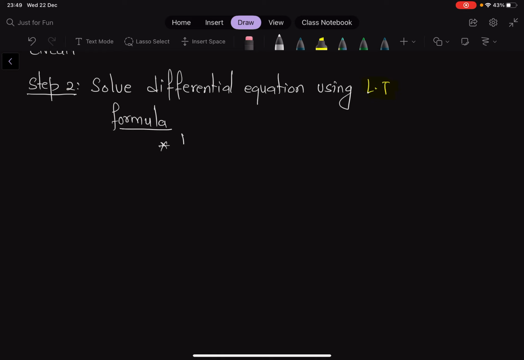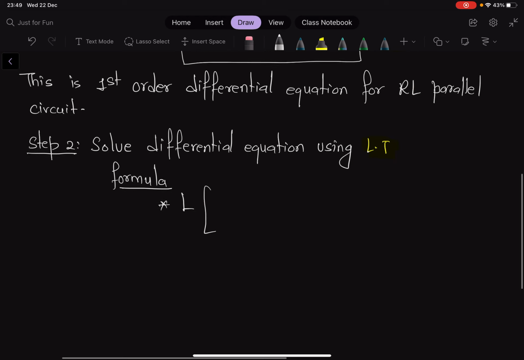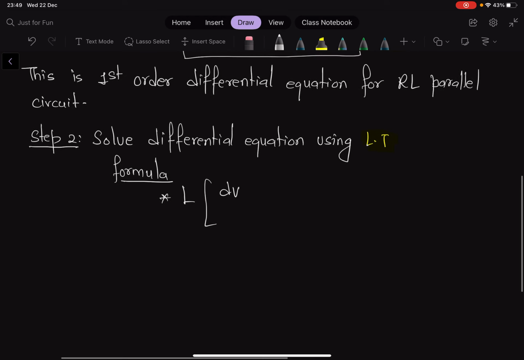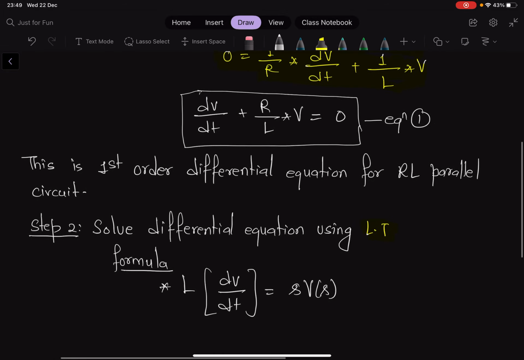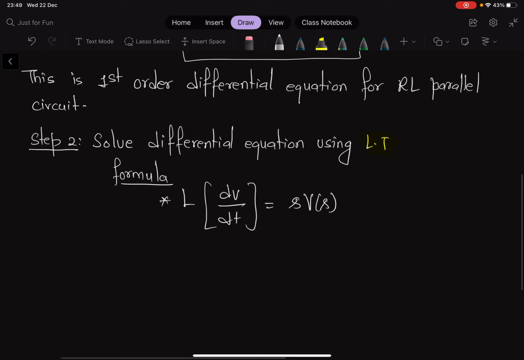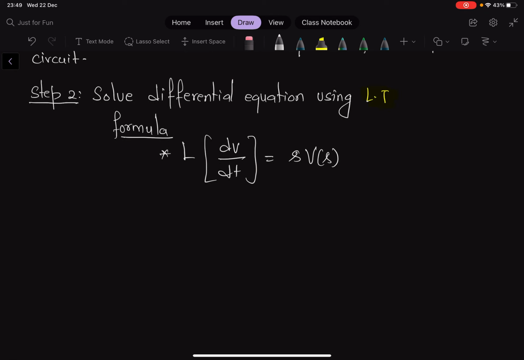So the first formula, I'm going to use is for the derivative. So Laplace transform of the derivative, which is dv over dt, is going to give you sV(s). Should be capital V, but my small v and my capital V look the same, so don't get confused. So to make things look different, I'm going to put this s, just to say that it's converted from the time domain.